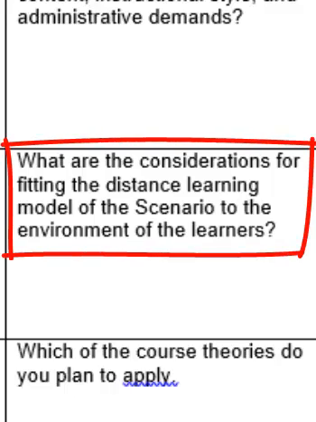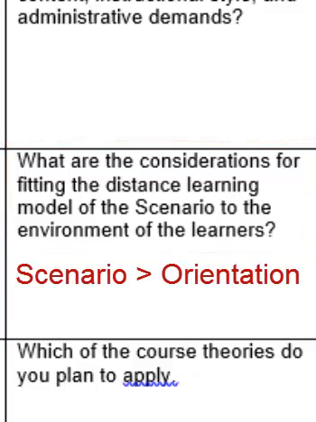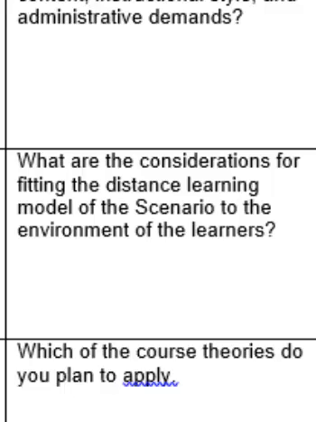This cell is the foundation for your transition from the scenario description to the orientation course you will be building for your course project. It's the orientation course that actually helps you help the students become successful in the online course that you will eventually build sometime in the future.